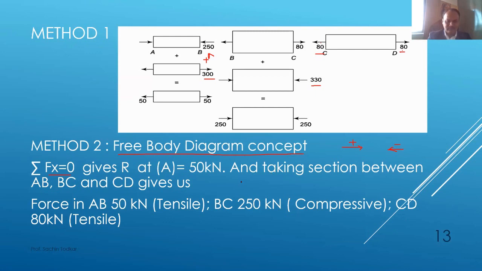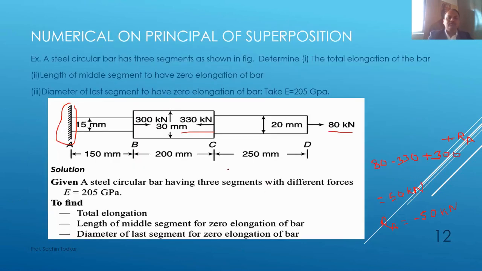So reaction at A is 50 kilonewton, taking it like this, 50 kilonewton in the negative direction, or we can say leftward direction. Now what we are going to do is take sections between AB, BC and CD. So we get 50 kilonewton in this direction.